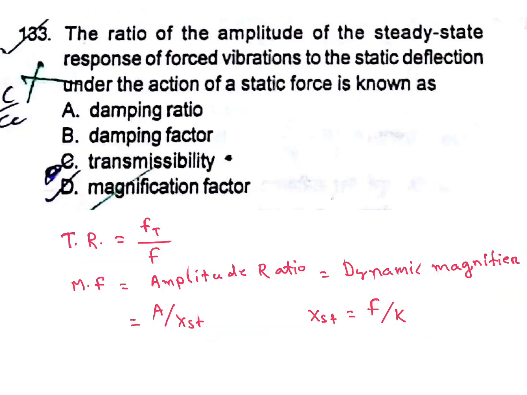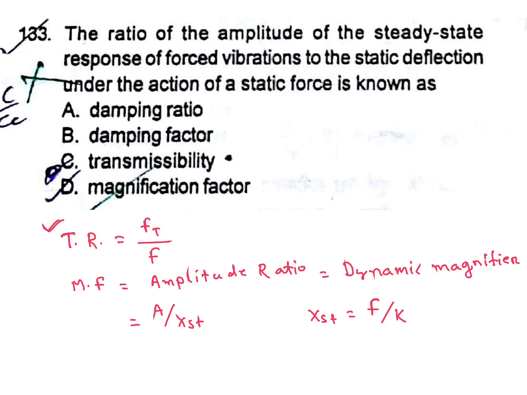In this question, the ratio of the amplitude of the steady state response of forced vibrations to the static deflection under the action of a static force is known as? Here we have to know first the transmissibility ratio. TR is force transmitted by force applied, and magnification factor MF equals amplitude ratio. This is also called amplitude ratio or dynamic magnifier. Amplitude ratio is amplitude divided by static deflection.